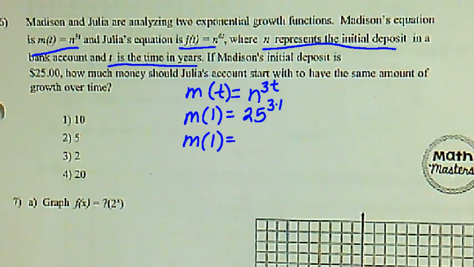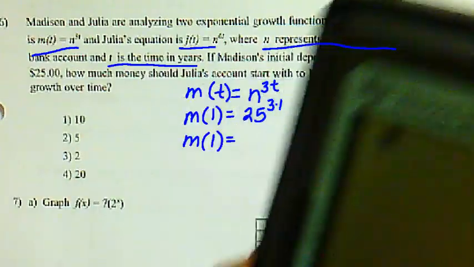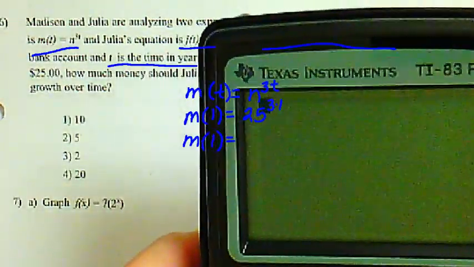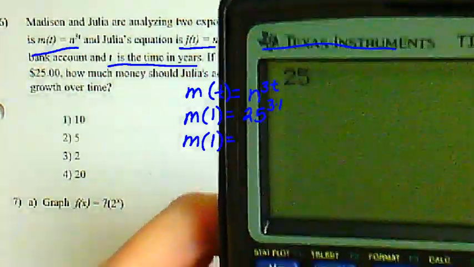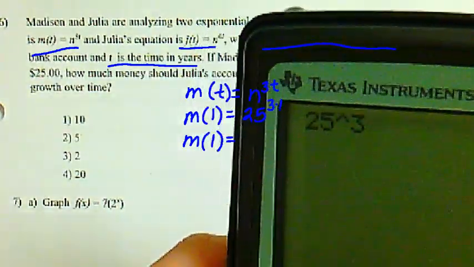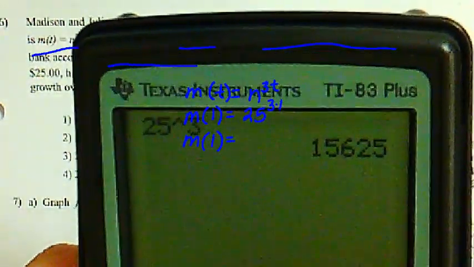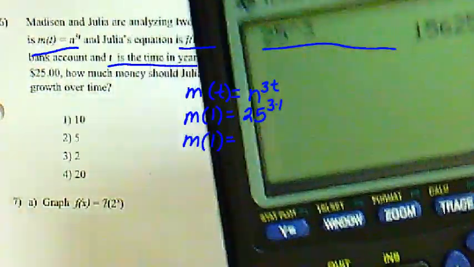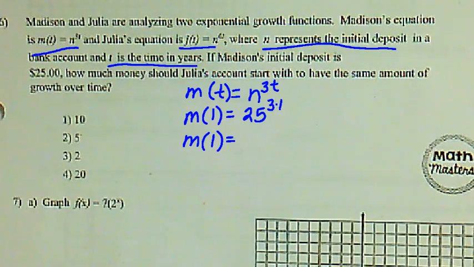Okay, and again, if you don't know how to do this in your calculator, you're going to do 25, caret button, 3, enter, and there you go. If you really don't remember how to do that, you could always do 25 times 25 times 25. That will get the job done. 6, 2, 5.